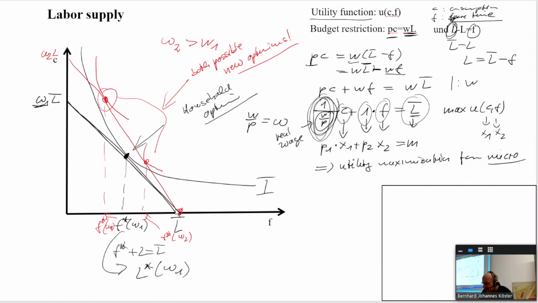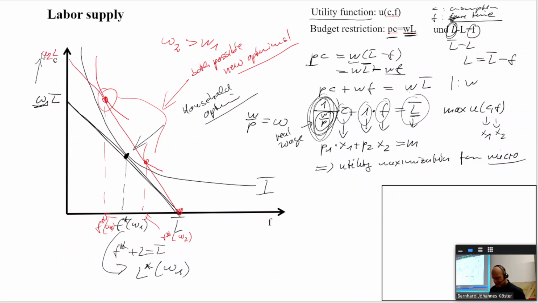And if real wages are increasing, then your budget line on the vertical axis turns up. Well, and then you have to re-optimize, you as a household will re-optimize yourself. So you will obtain a new split between spare time and working time.